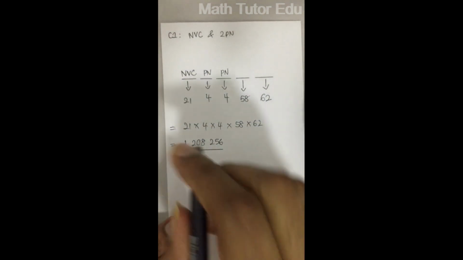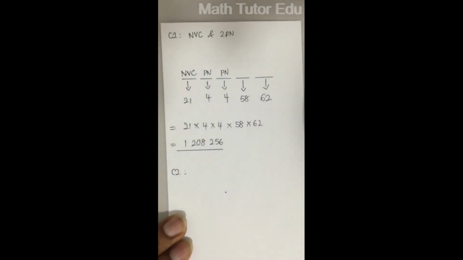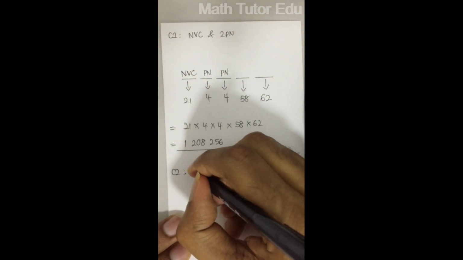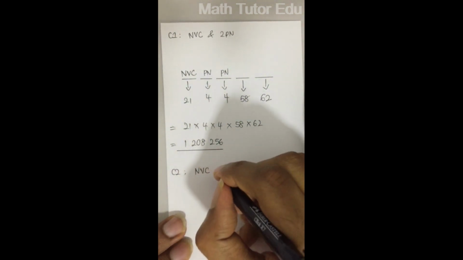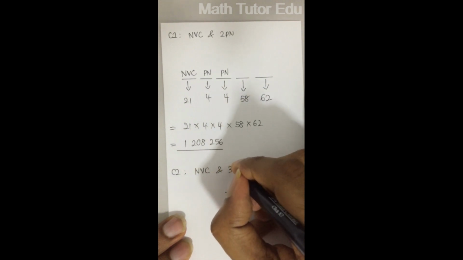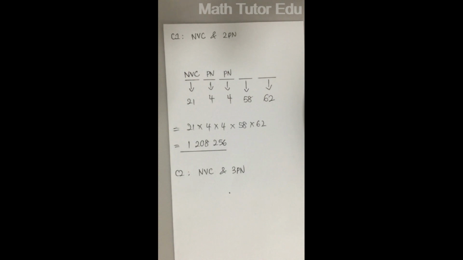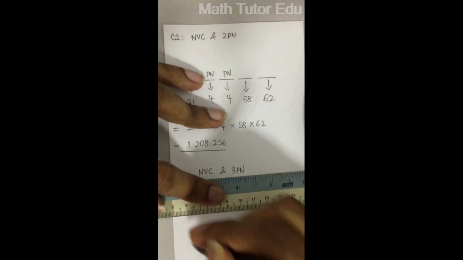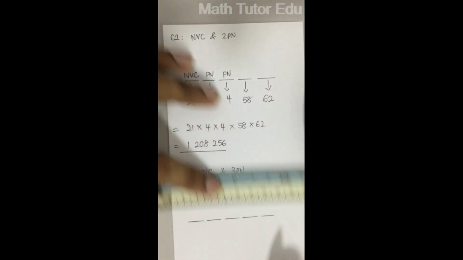Okay, move on to case 2. In case 2, you have the first character as a non-vowel capital letter, followed by 3 prime numbers placed adjacently. Let me draw the 5 spaces.